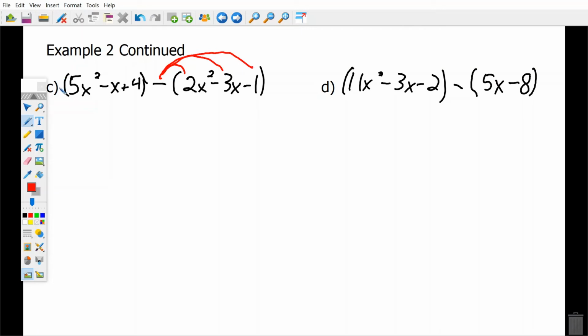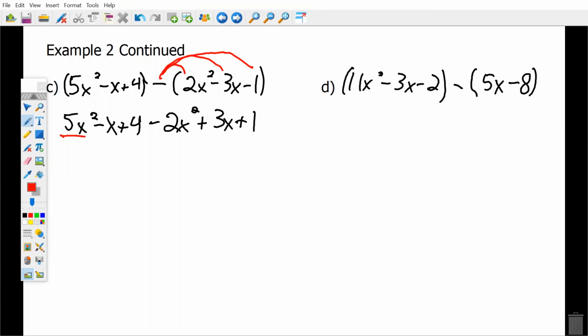There's nothing in front of here, so those ones will stay the same. 5x squared minus x plus 4. This is going to become negative 2x squared. This will become positive 3x. This will become positive 1. Once again, each of those has to become the opposite sign because the negative sign has flipped it.